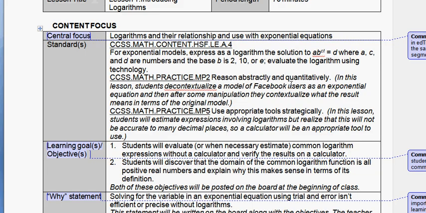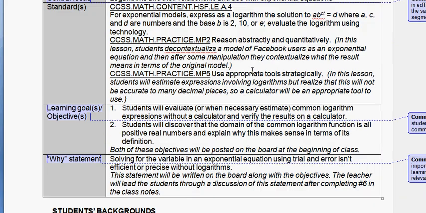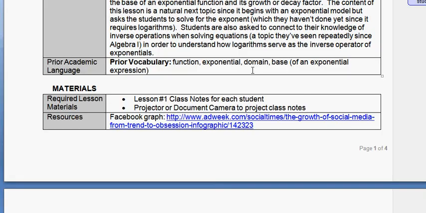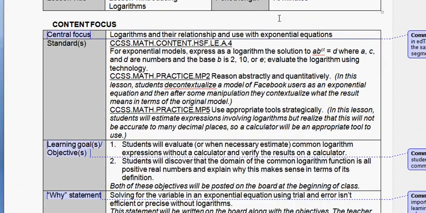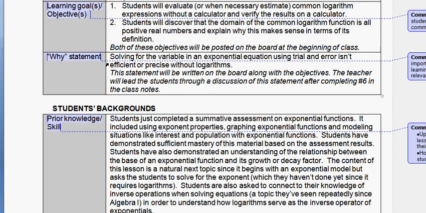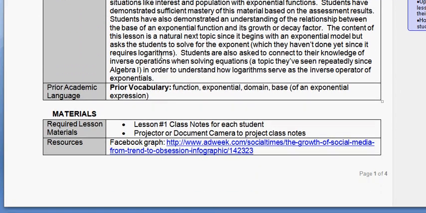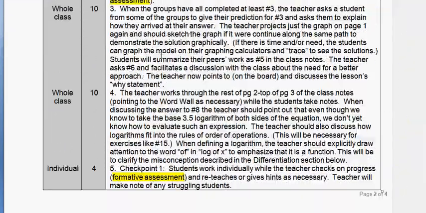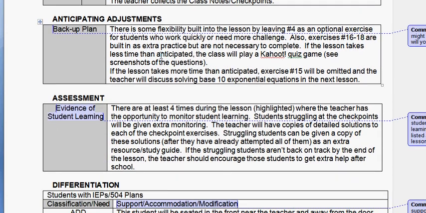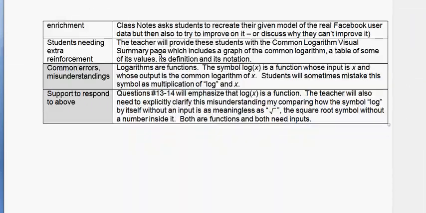So when you go to submit the lesson plan, in fact, you're not even going to include the academic language piece. You're just going to have the content focus section, without even all of the content specific portions. You're going to skip right over to the student background. You'll have the materials, you'll have the lesson sequence, and you'll have the adjustments and assessment and differentiation, but then you won't even have the research.